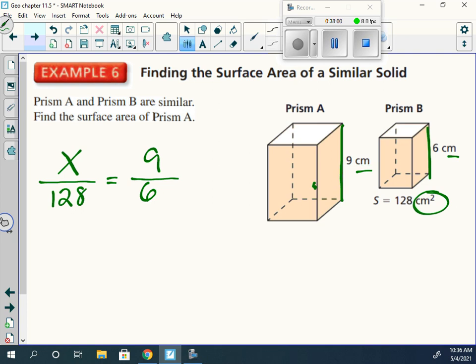No, because one of them is to the first, the other is to the second. If we want these to be proportional, we really need both of them to be to the second power, yes? So what we have to do is the 9 over 6, we have to square it. And this works with anything, because if we were talking about volume, volume is cubic. So if this was volume, we would have to cube that scale to get it to be the same.